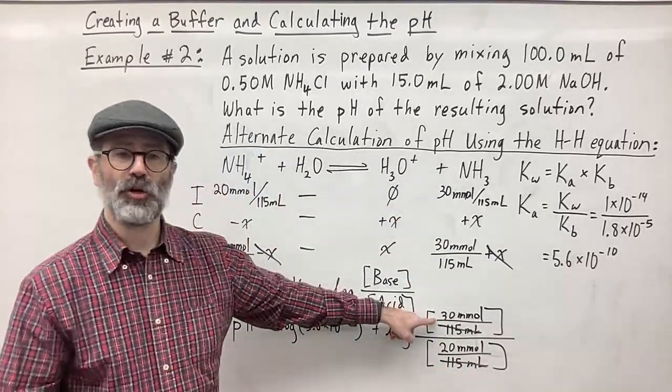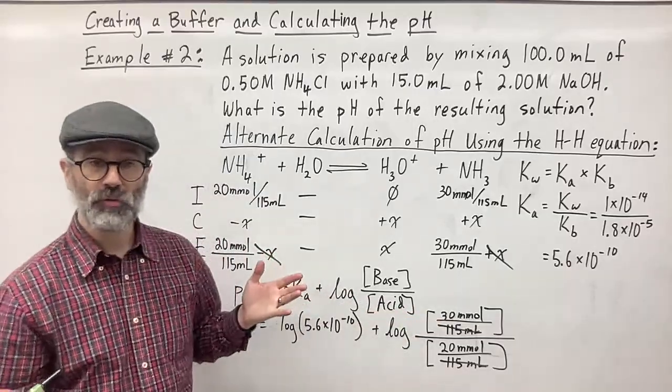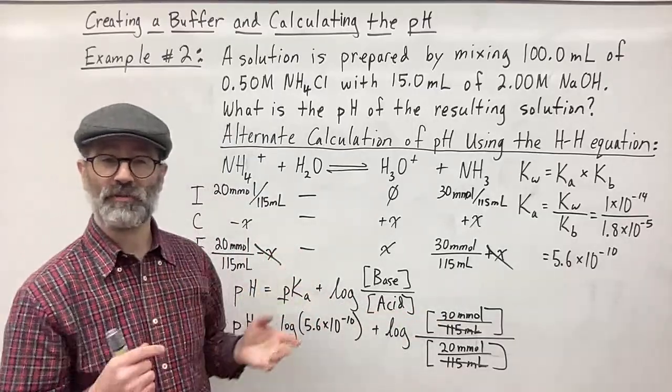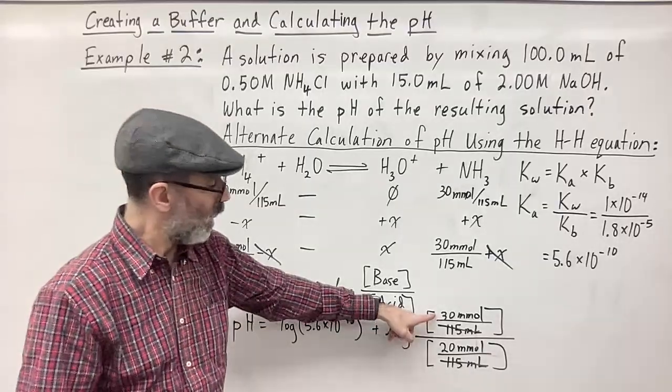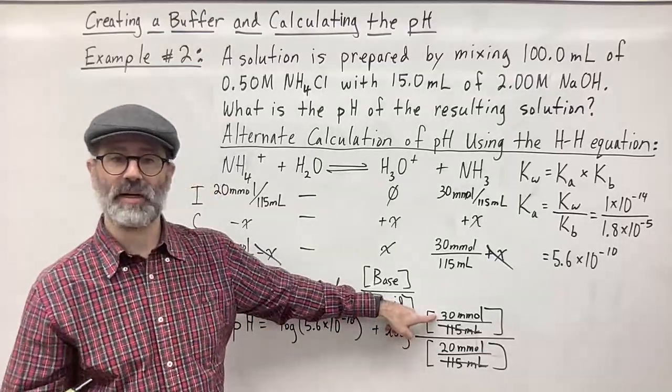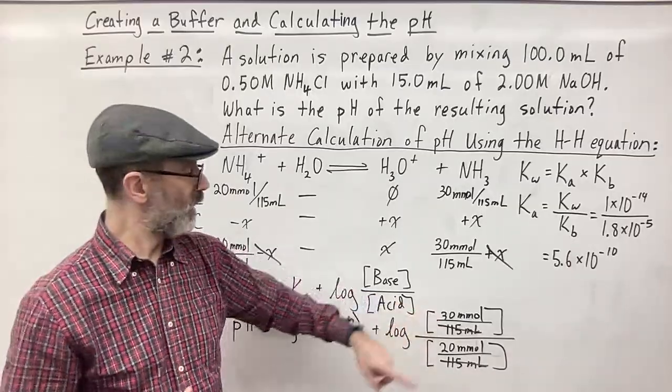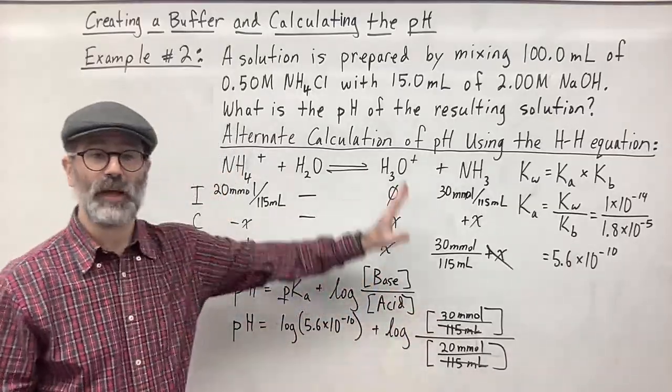And you could just put your millimoles in there, or moles, right? But again, millimoles is more convenient. So if you've already calculated the millimoles, why spend the time to calculate molarity again? So this kind of saves you some calculations.